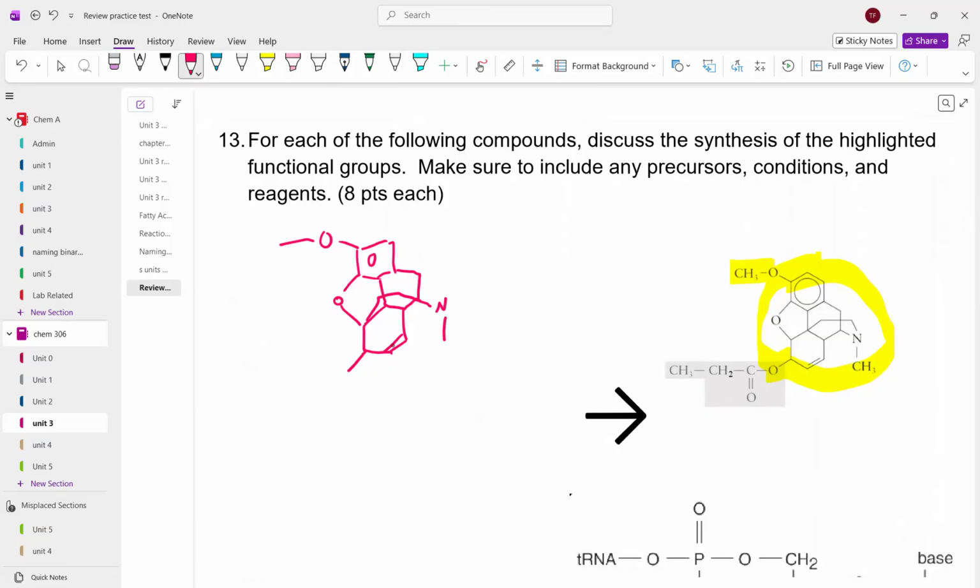So this is going to be the alcohol part right here.